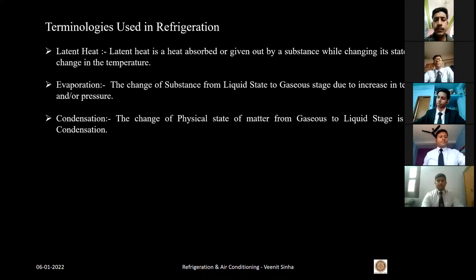Condensation. Again, just the bang opposite of evaporation.